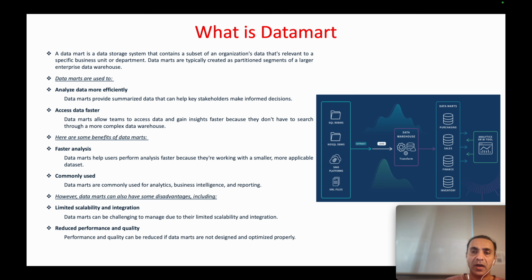So basically, you have a big data warehouse that is used by the whole organization. Now let's divide that data warehouse into small data warehouses, which are called data marts. And each department within a company has its own data warehouse called a data mart, which is used only to serve the purposes of that particular department.